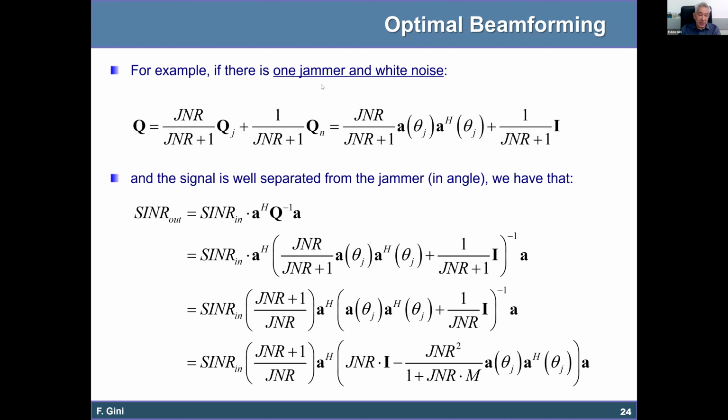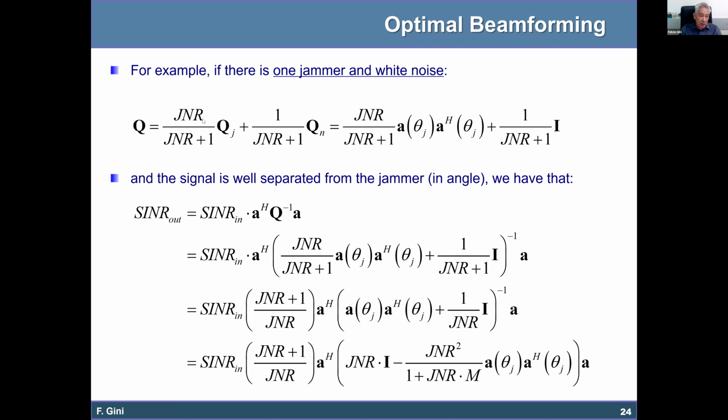Now, let's take an example. Let's calculate the array gain in the case where in the disturbance we have one jammer and white noise, so uncorrelated noise. This is the general expression of Q that we derived in the presence of one jammer with JNR.